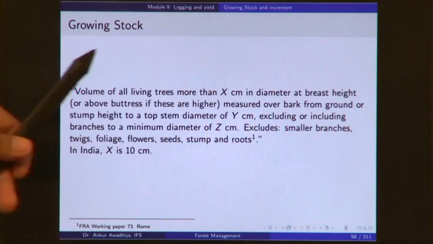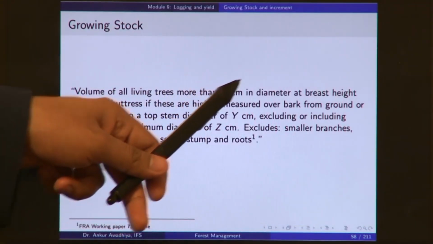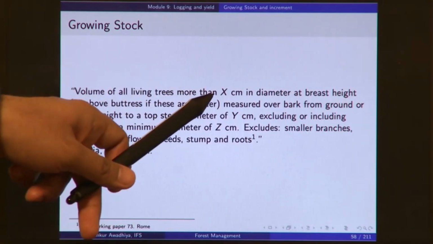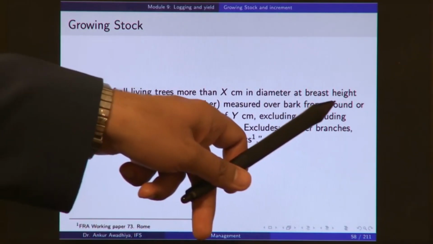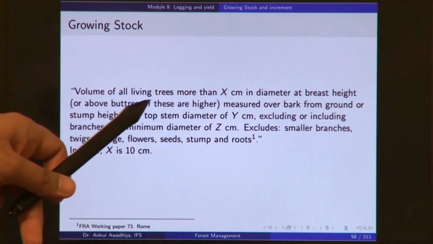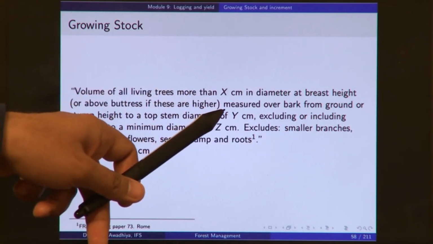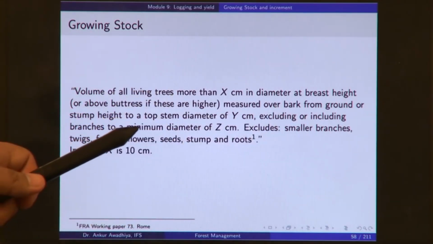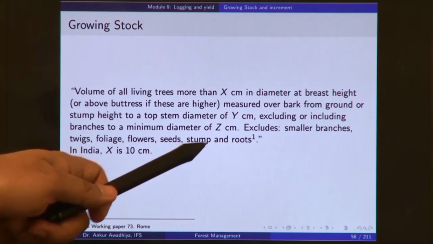So, volume of all living trees more than x centimeter in diameter at the breast height, removing the smaller stems, measured over bark from the ground or stump height to a top stem diameter of y centimeter, excluding or including branches to a minimum diameter of z centimeter. So, it excludes the smaller branches, twigs, foliage, flowers, seeds, stump and roots.